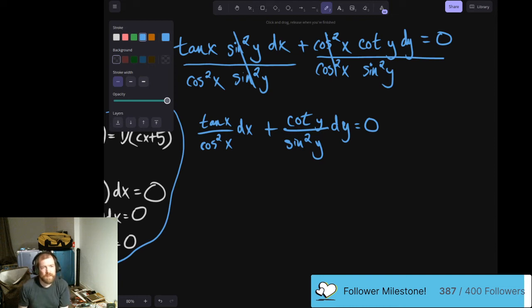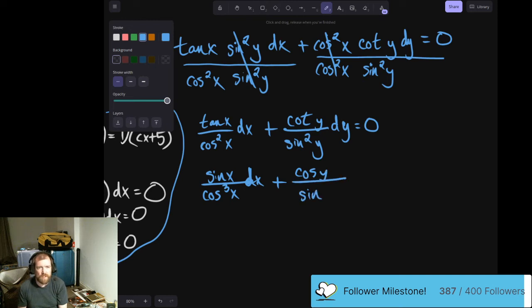Take tangent, turn it into sine over cosine. So this is the sine of x over cosine to the third power of x dx, plus cotangent of y is going to be cosine of y over sine cubed of y dy, is equal to 0. Right, so this is a U substitution in both cases.